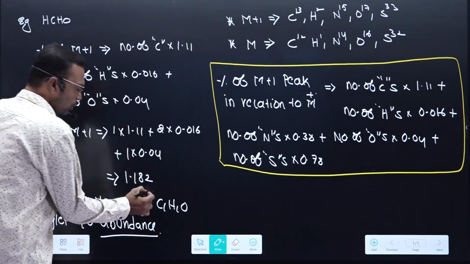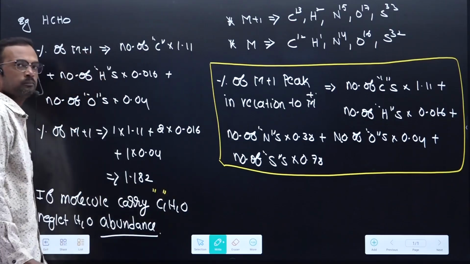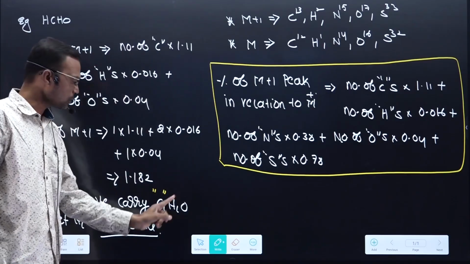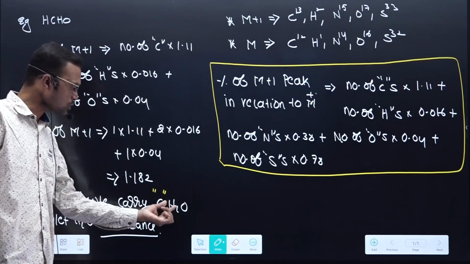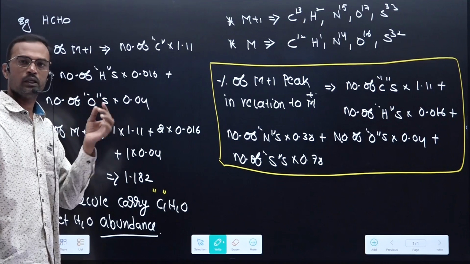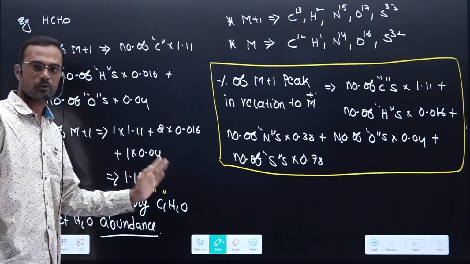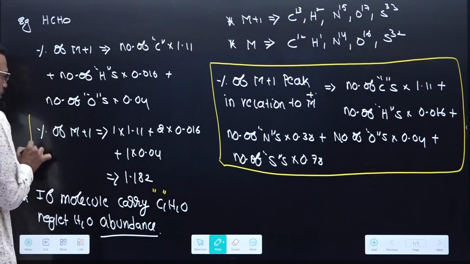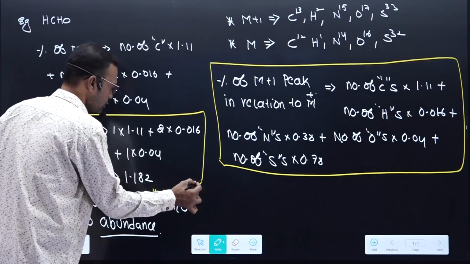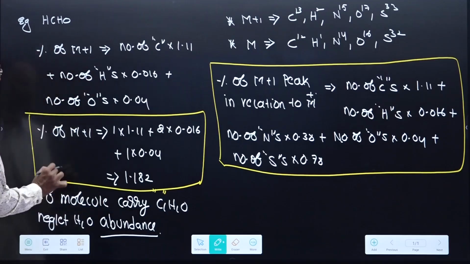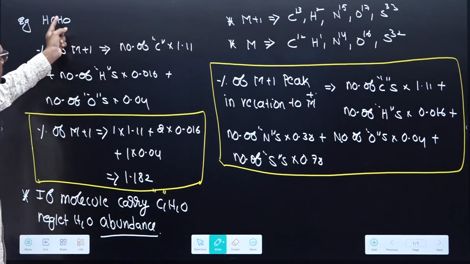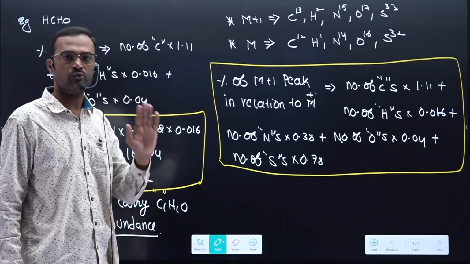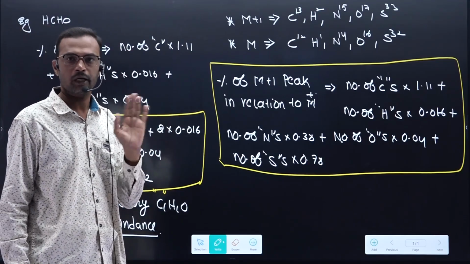So only carbon is a real contributor in order to calculate M+1 peak intensity. We can ignore hydrogen, oxygen contribution because their contribution is very small. If contribution is very small, we can ignore those elements in calculation of M+1. So this is the M+1 peak intensity calculation for this particular question. Most organic molecules have carbon and hydrogen as common constituents, nothing but hydrocarbon.